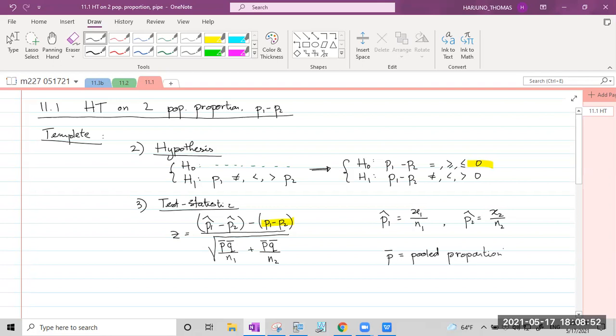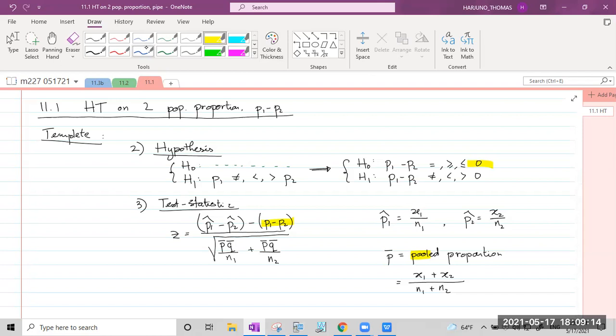Pool, like you put them together. Basically the total sample you have is n1 and n2 added, right? And the number of successes put together will be x1 plus x2. It's like the word pool here, think of that as carpool. You pool them together.